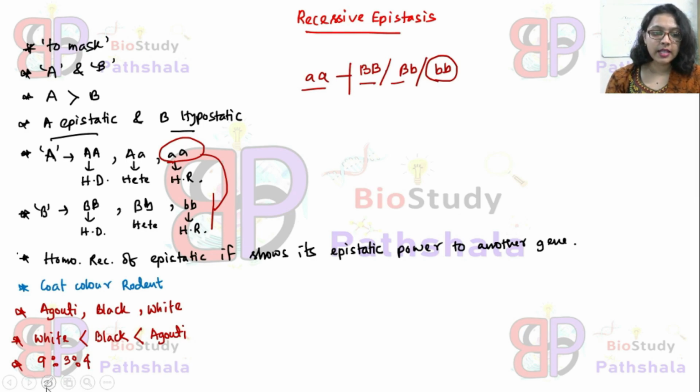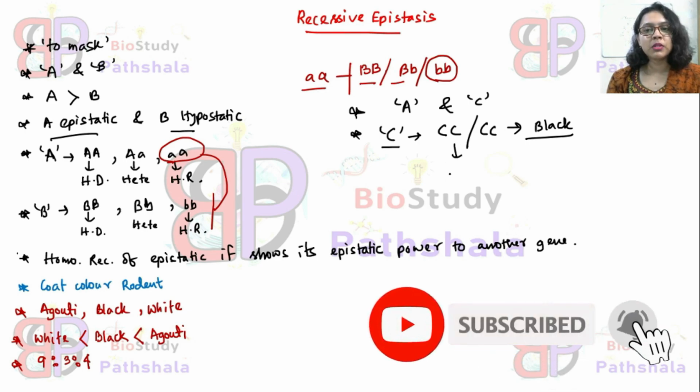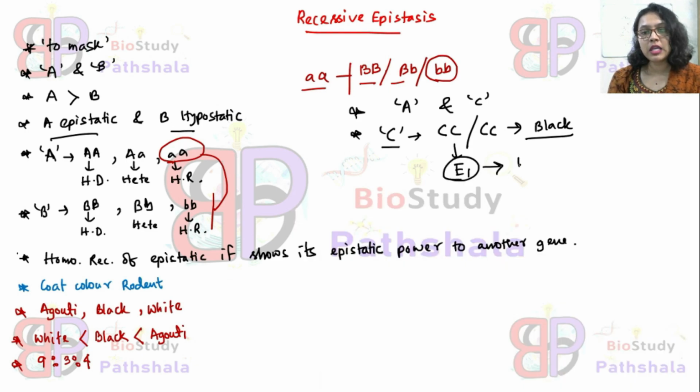This example shows two types of genes, one is the A gene and one is the C gene. The C gene product, that is capital C capital C or capital C small c, leads to black pigmentation. For example, the C gene product is the E1 enzyme, and the precursor of the E1 enzyme is white or albino. That means the E1 enzyme can act on albino coloration.